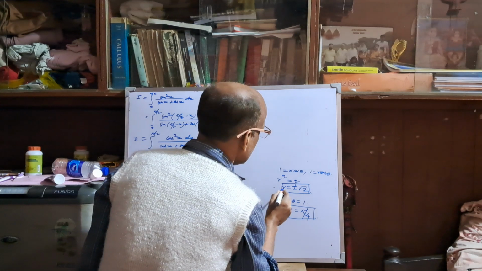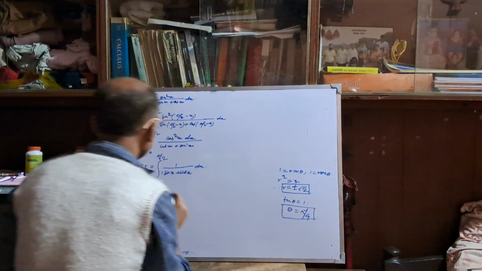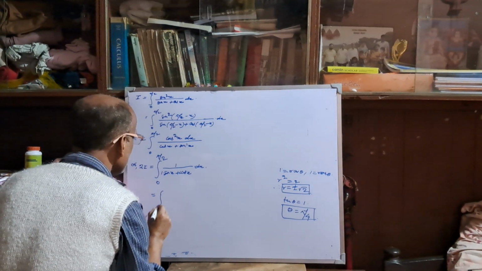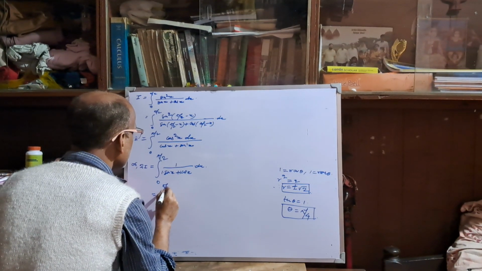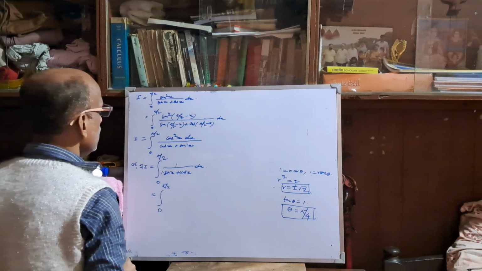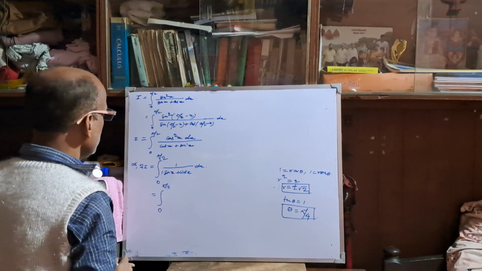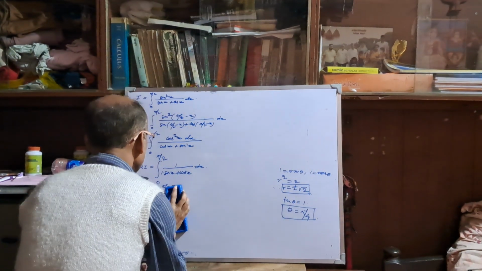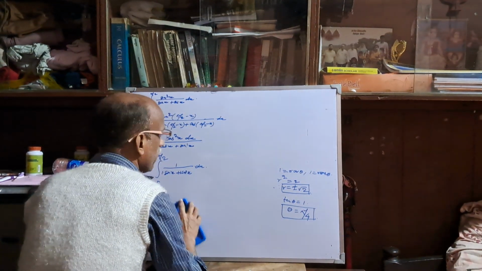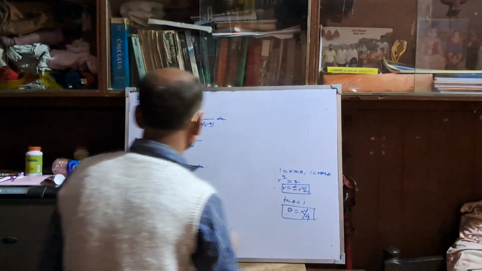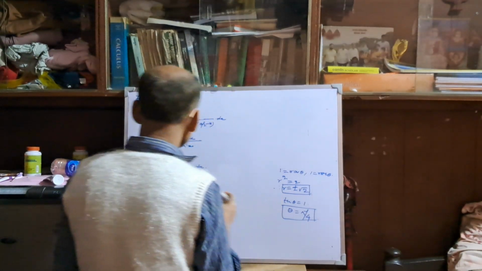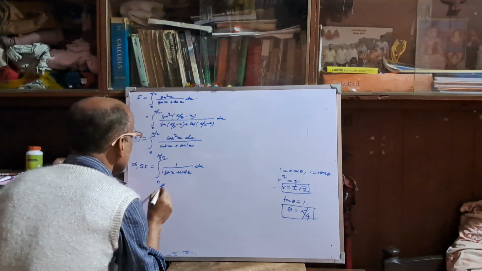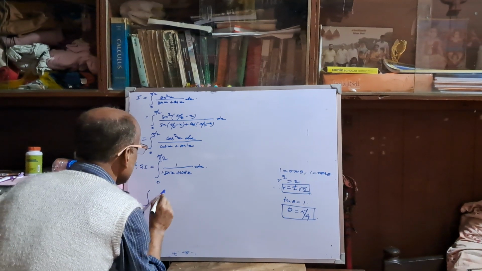Only this I will use here, root 2, and that is equal to the integral from 0 to pi by 2. Why have I done it with the cofactor method? I am writing this. I will take the indefinite integral, it will be convenient.